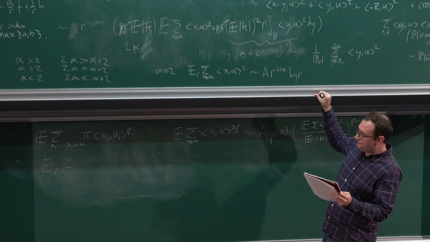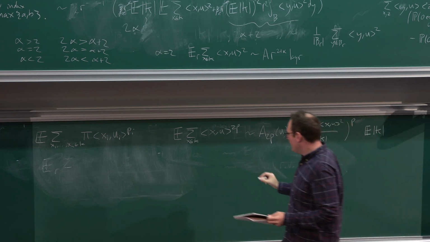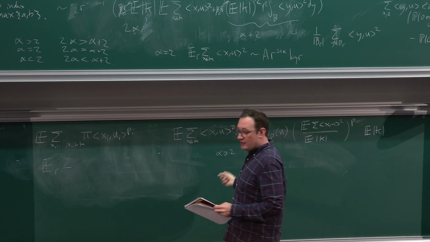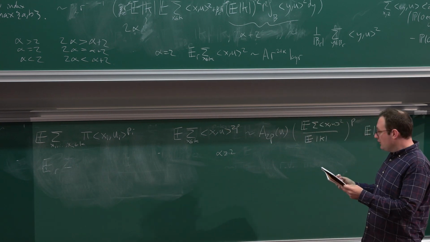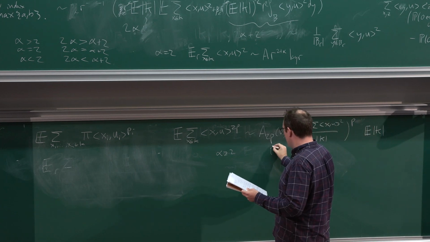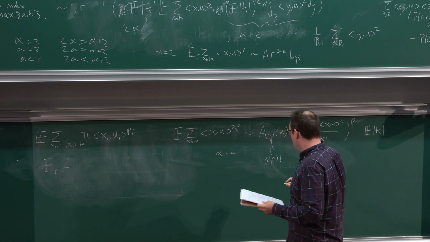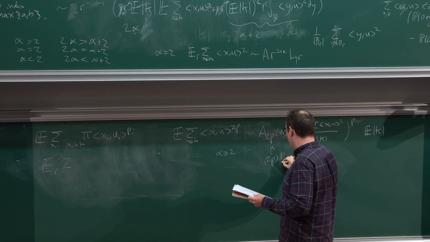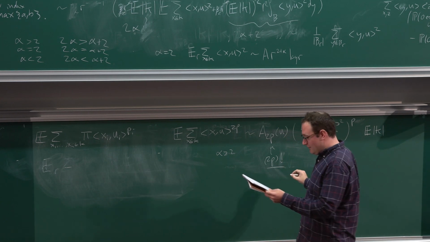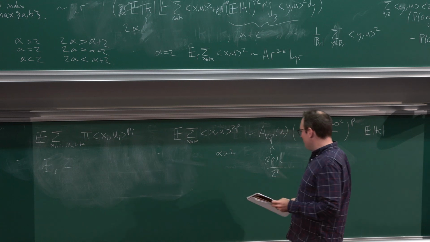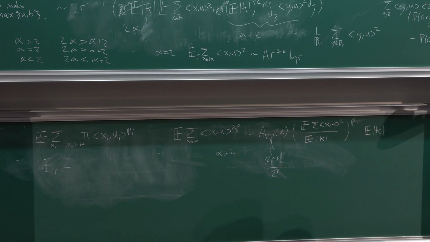In the case when alpha is bigger than or equal to 2, which is the Brownian regime, you get that in fact these coefficients are just 2p factorial over 2 to the p. Okay?